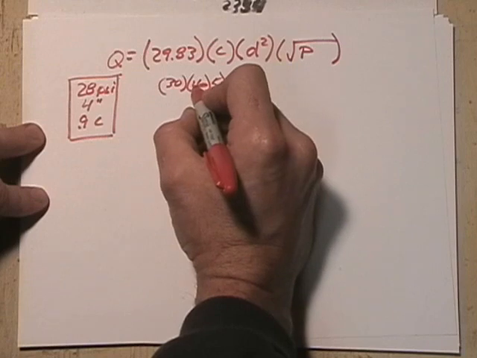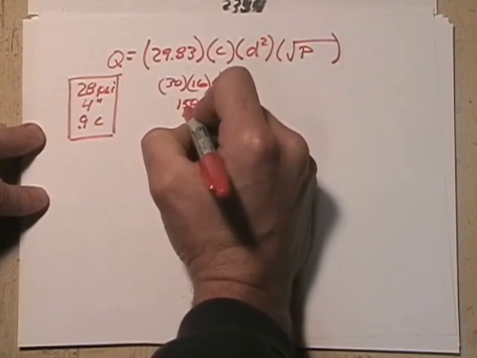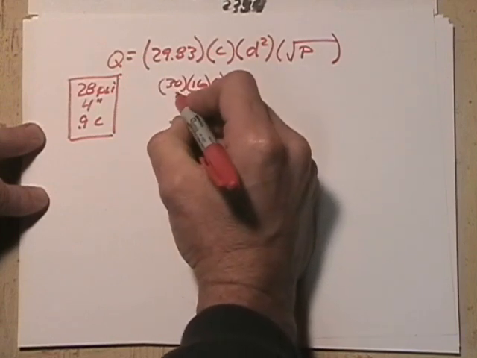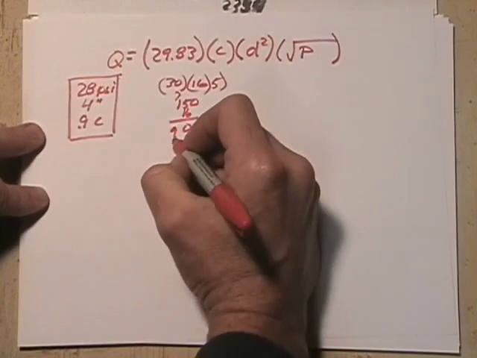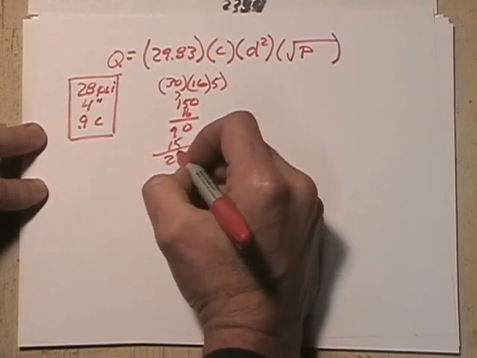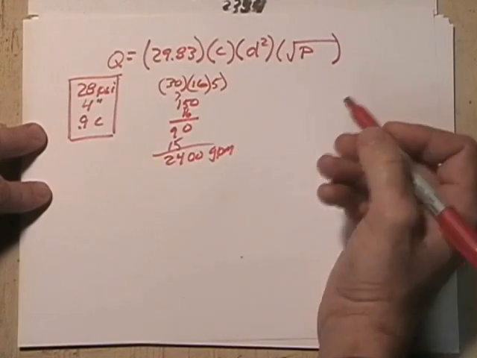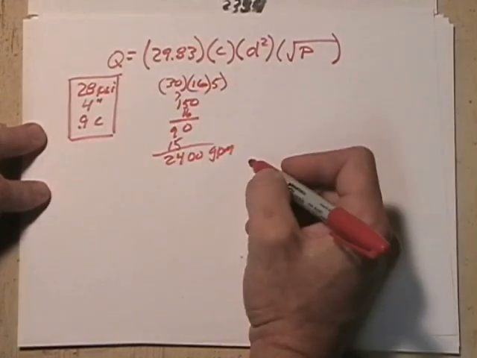If we take 30 times 5, we're going to have 150. Times 16, around 2,400 GPM. So about 2,400 GPM, just roughly.